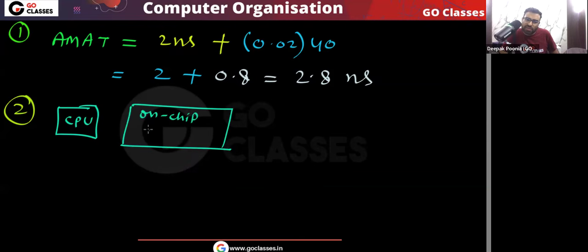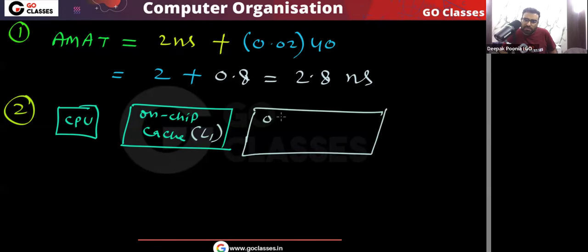This new cache, the on-chip cache, is your L1 cache. And this old off-chip cache will become L2. And of course, then there is main memory.